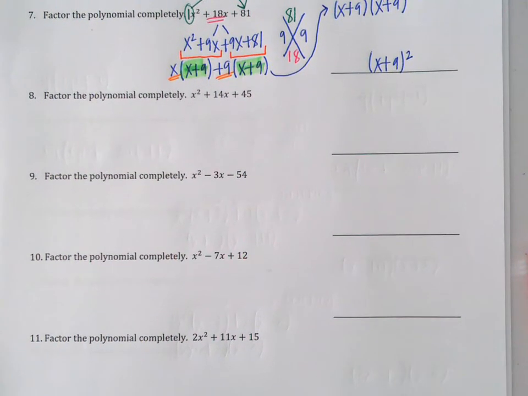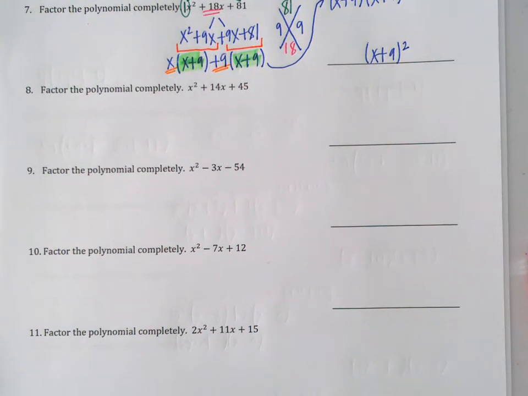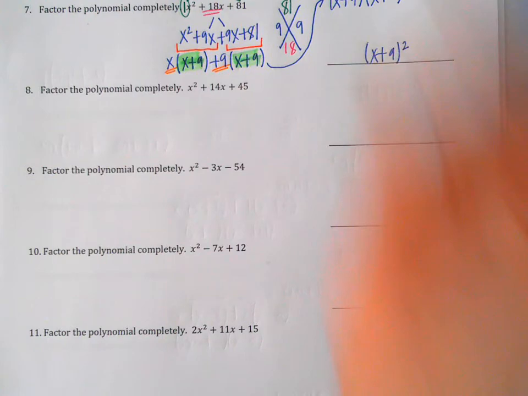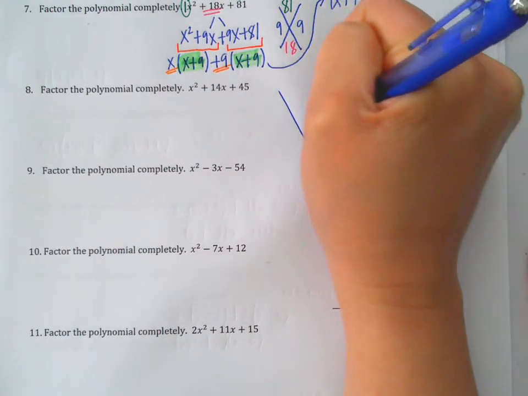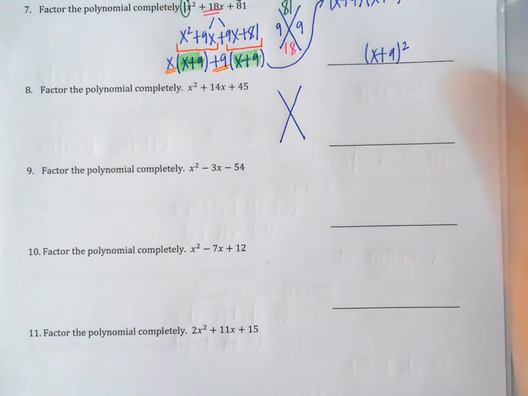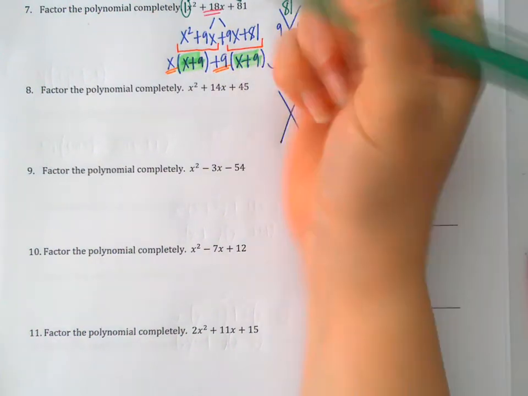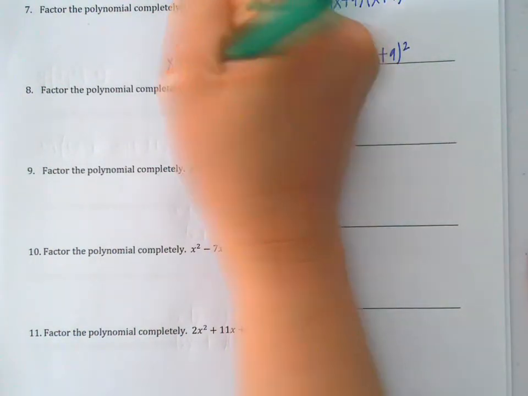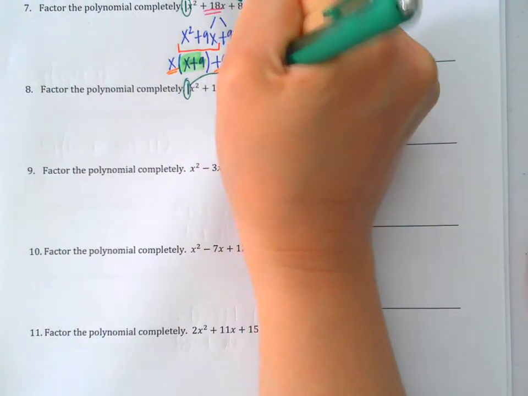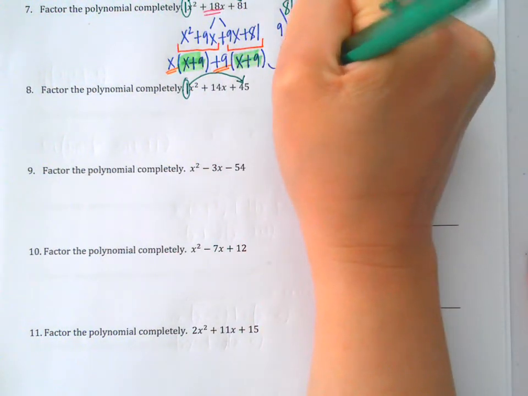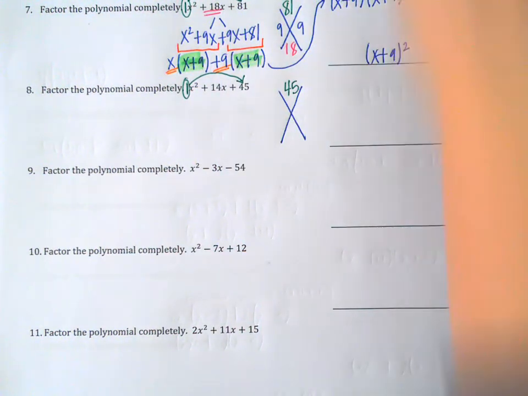Okay, so number 8. Number 8, we have 3 terms. We look for a GCF first. There isn't anything I can factor out, so I start with my big X. With the big X, I'm multiplying A, which is 1, by 45. So 1 times 45 is just 45.